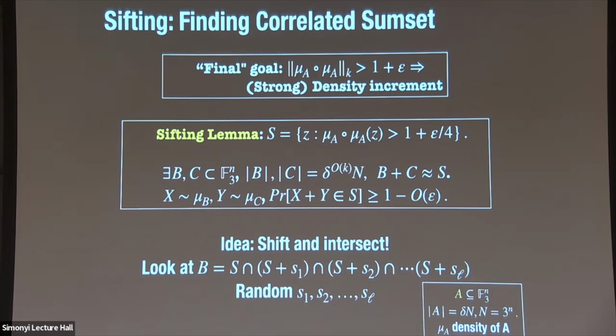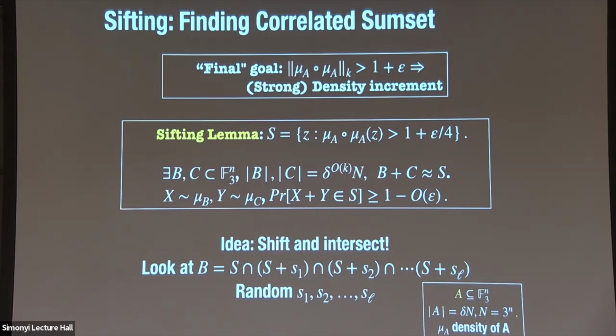So recall our assumption was good for us now. We know that we have a large set of values where the density is high. The K norm was big, so you can translate it to say that there's a set of points where the difference convolution with itself has large values. But this is just an arbitrary set at this point. We don't have any additive structure within it.